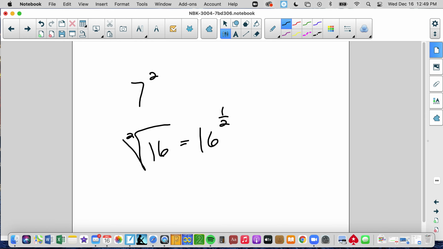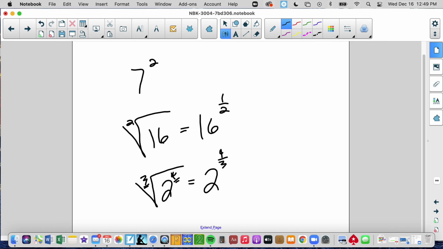And that's kind of another thing. So if you have the cube root of 2 to the 4th, you could write that as an exponent of 4 over 3, 2 to the 4/3. The power goes in the numerator, your root goes in the denominator. So we see that that is to the power of 1, that's in the numerator, that's in the denominator.